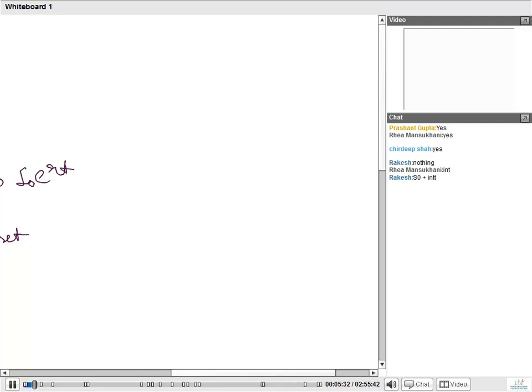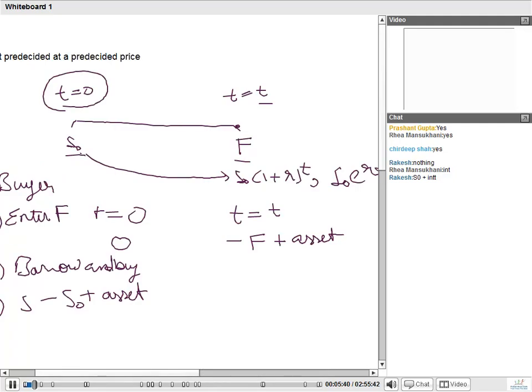So if he goes for the second method, then at time t equal to t, he will still have the asset. So here he borrowed S0, he paid it and he acquired the asset. So he will still have the asset with him. However, he will have to pay the bank S0 e raised to the power rt, or S0 into (1 plus r) raised to the power t.